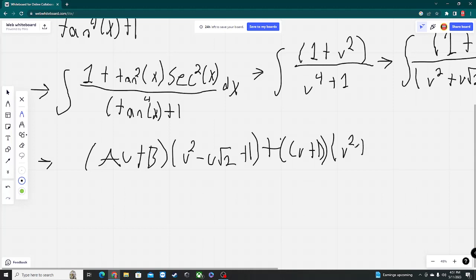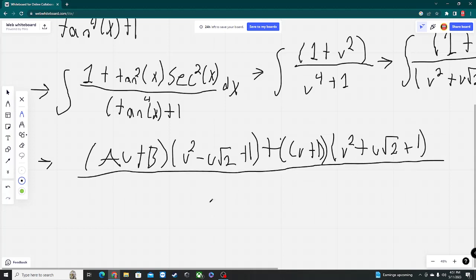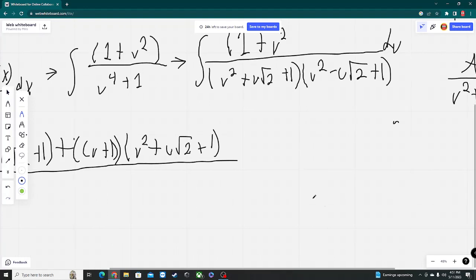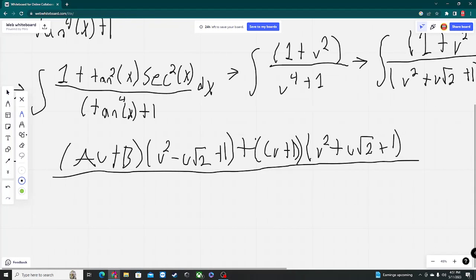So now times u squared plus u square root 2 plus 1. That should be the whole top fraction. And now remember, we still have our denominator here, so we're still going to keep that.